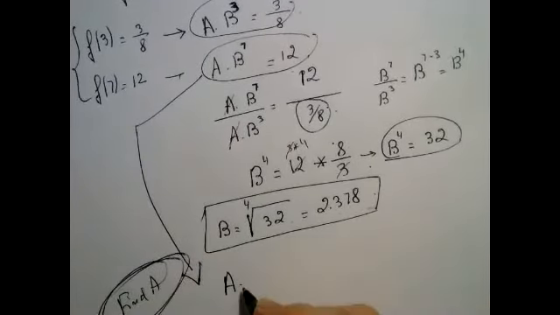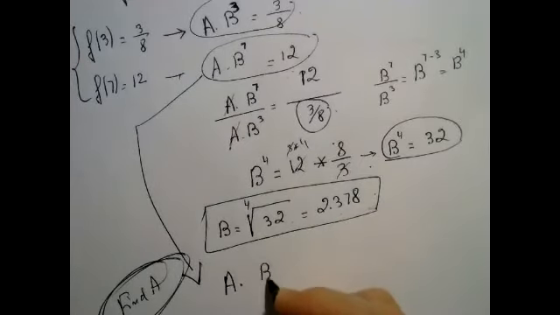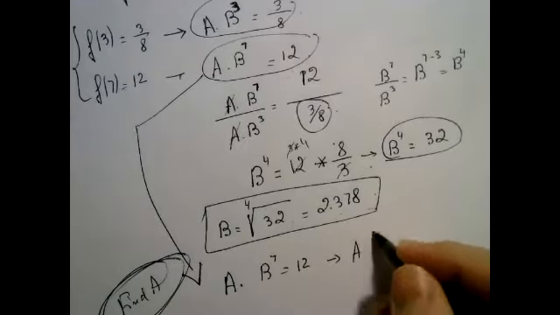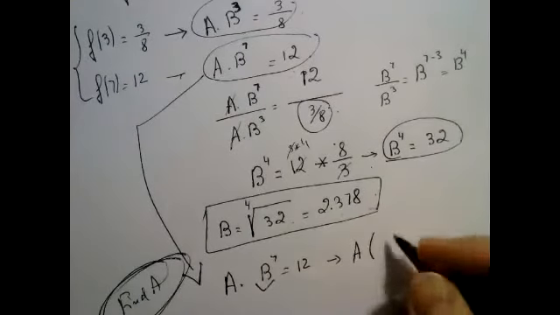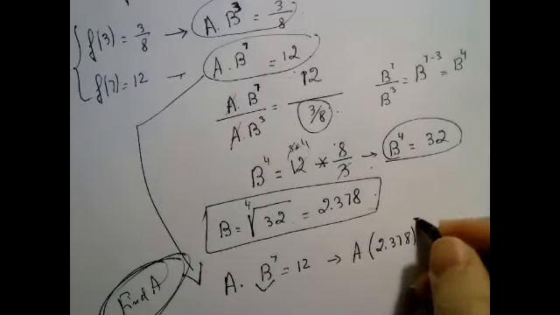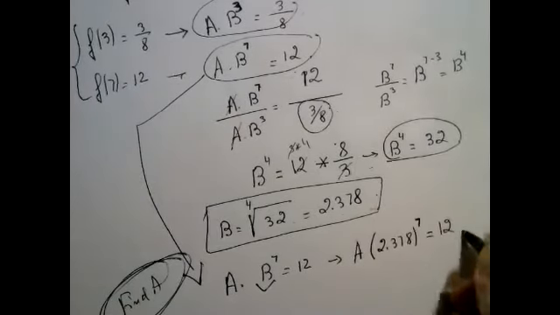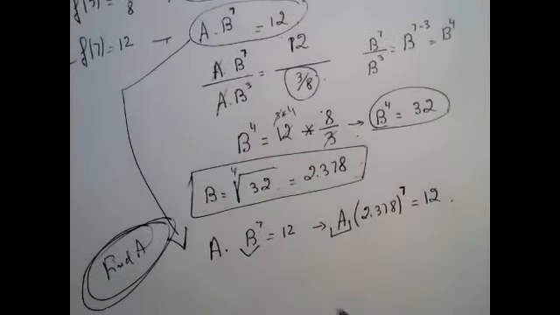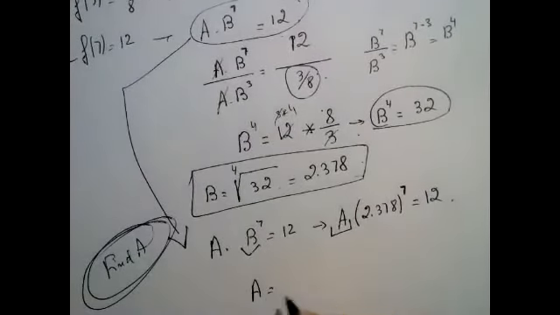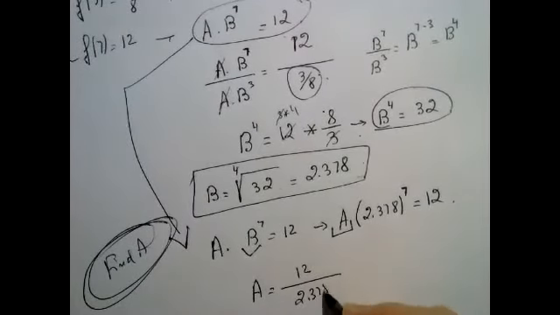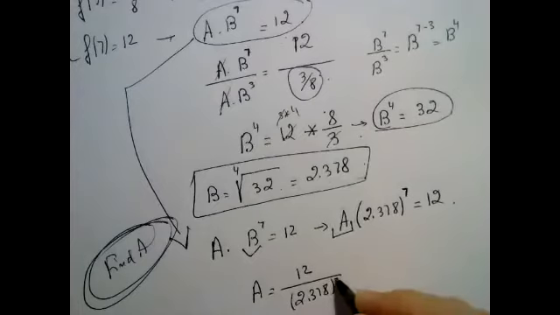A times B to the power 7 equals 12. It means A times my B, 2.378 to the power 7, is equal to 12. Now I need my A. So we can divide both sides by that to the power 7.